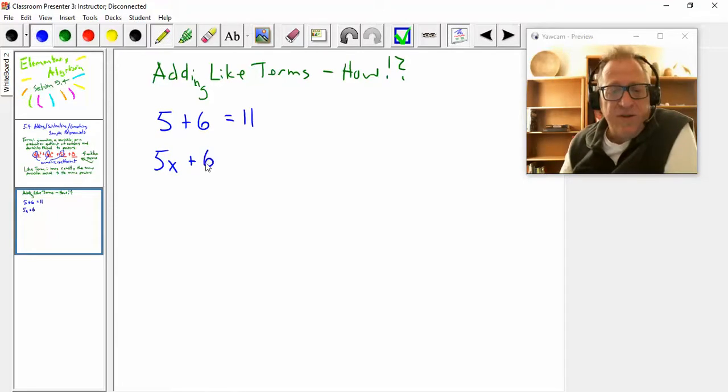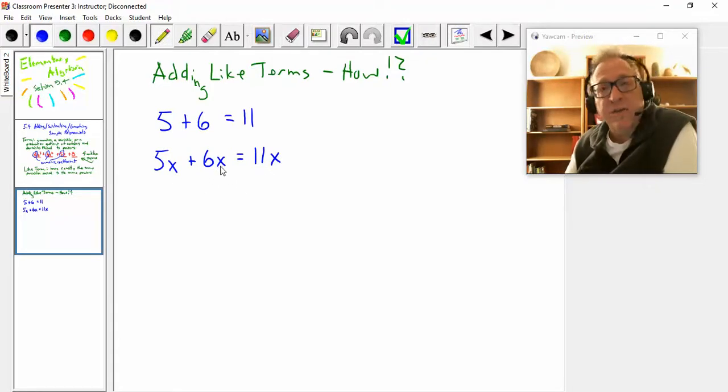And so 5x plus 6x, those are like terms. They have the same variable, x, raised to the same power, 1. And so Craig likes to say this is 5 apples plus 6 apples. How many apples do we have? We've got 11 apples. That's how we add like terms. As long as they're like terms, they can be combined.